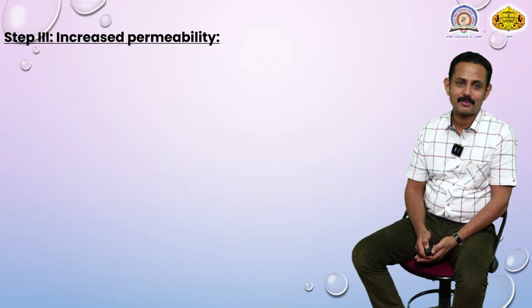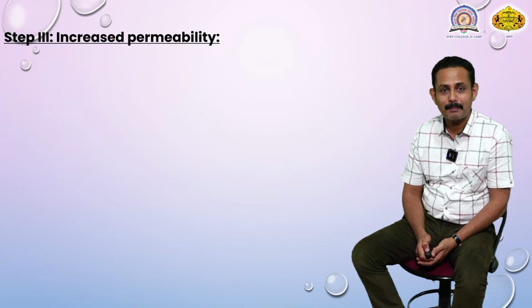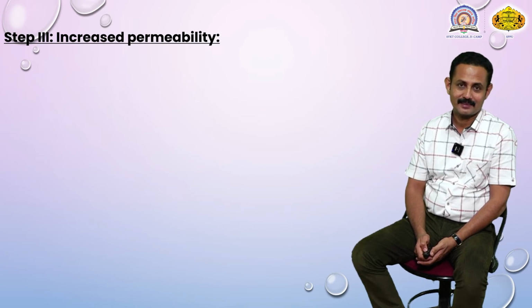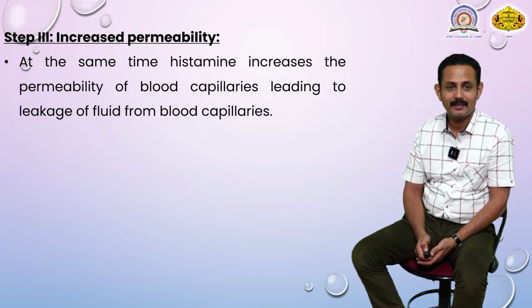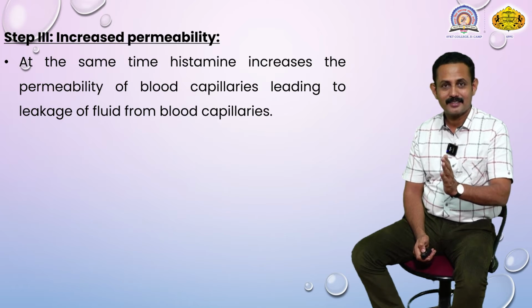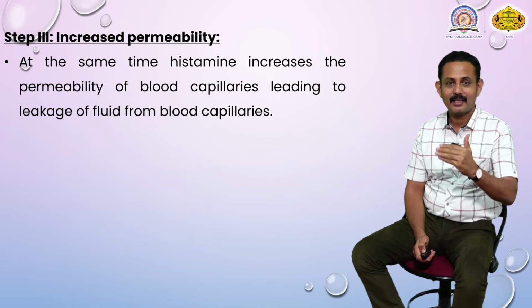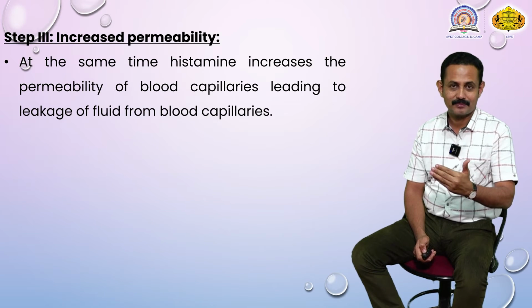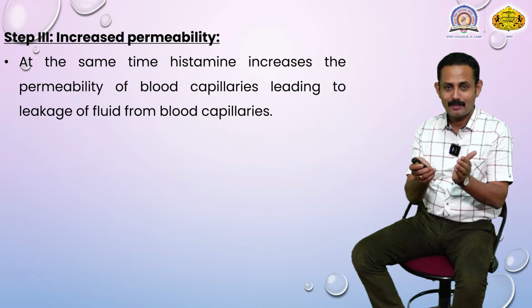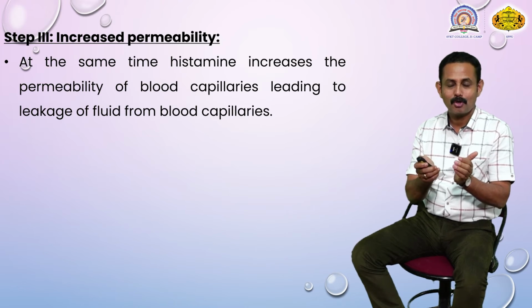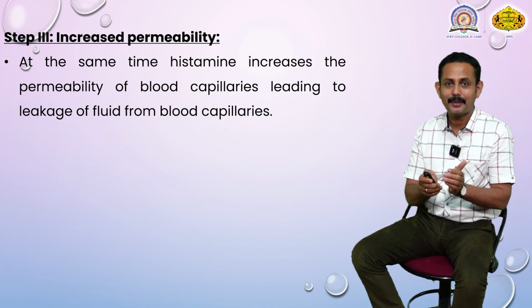Now, the third step is an increase in the permeability of the blood vessels. What happened in that increased permeability? The histamines, which did the vasodilation, increase the permeability of the blood capillaries, meaning they widen the walls or pores of the blood capillary. And what happened due to that?